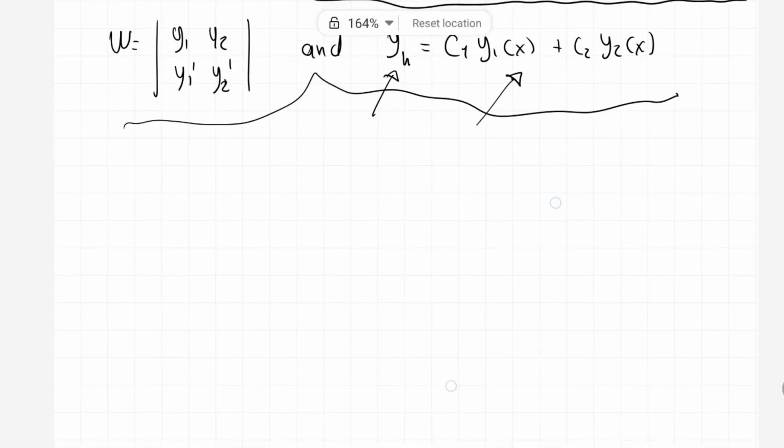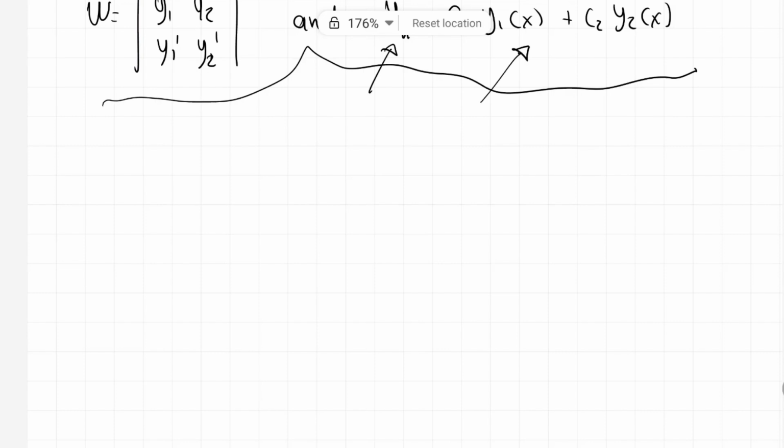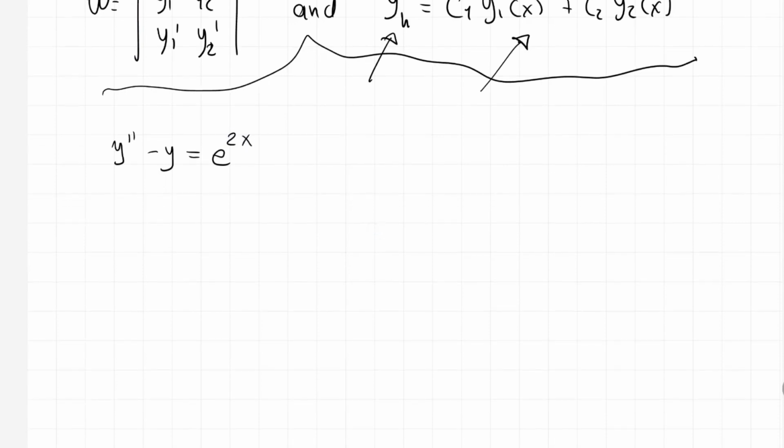So now we are going to see a quick example of this. We are going to find the solution of the differential equation y double prime minus y equals e to the 2x. Okay, so in the method of variation of parameters, we first need to find the homogeneous solution, y sub h.